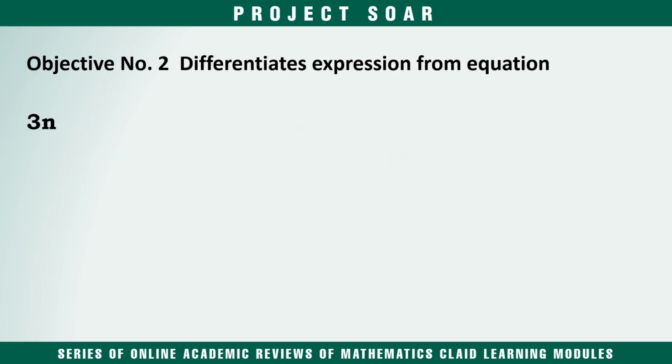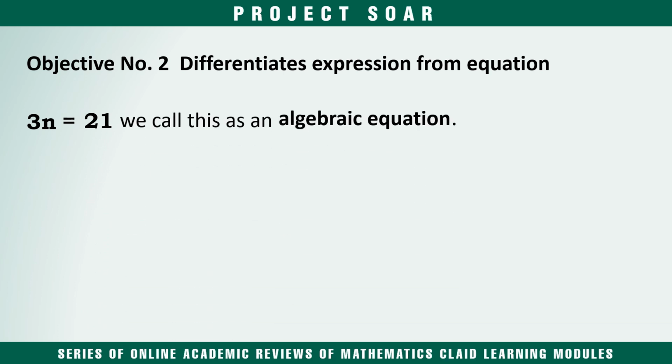Objective number 2 and additional examples. So 3n is equal to 21. It gives you complete information because of the relation symbol equal and 21 as the result. Thus, we call this an algebraic equation.